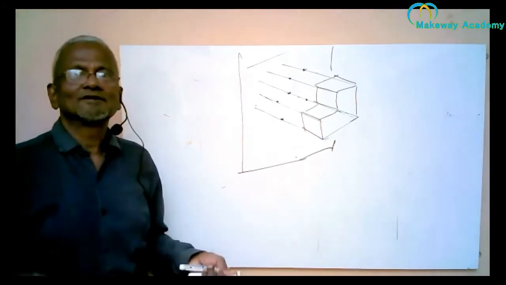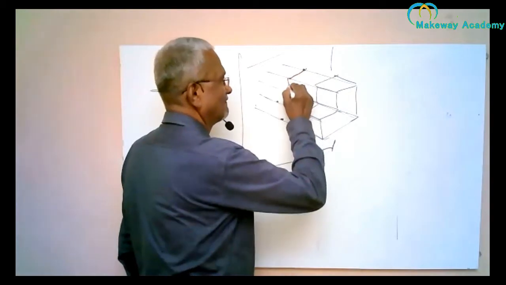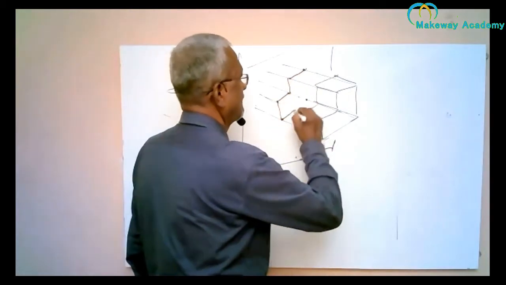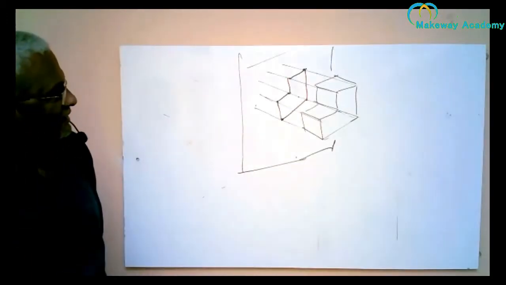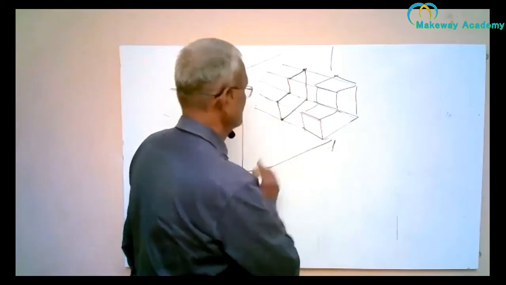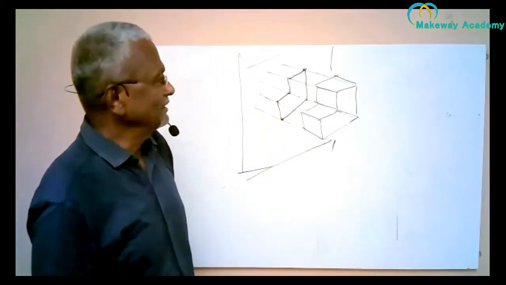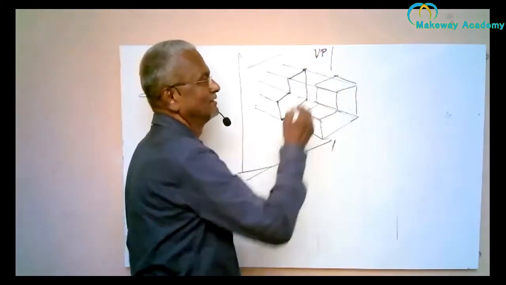Now I have to join them sequentially. So I got the projection now. So I have got the projection of the object onto this vertical plane. So I call this the vertical plane.